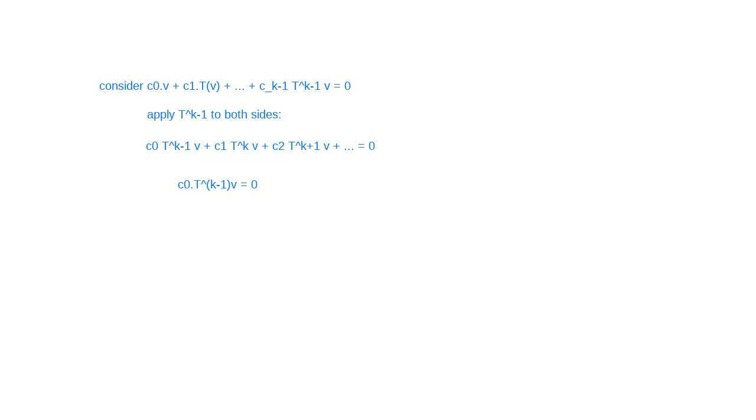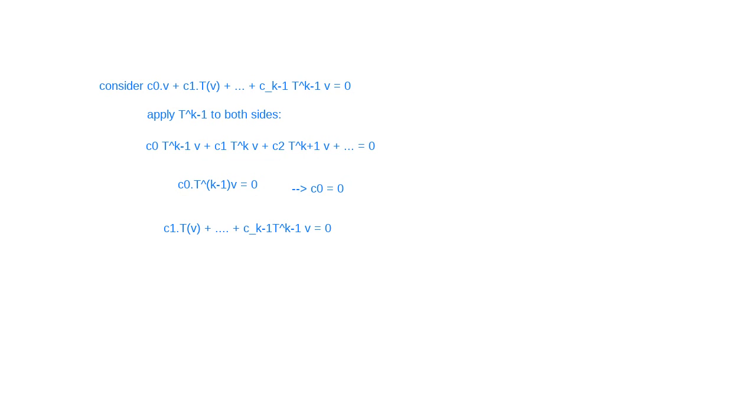But t to the k minus 1 of v is non-zero. That's our assumption about v: t to the k of v is 0, t to the k minus 1 of v is non-zero. So some scalar times a non-zero vector equals 0. That means the scalar equals 0. So we go back to our original equation. Our original equation really says just that c1 times t of v all the way up to c(k-1) times t to the k minus 1 of v equals 0.